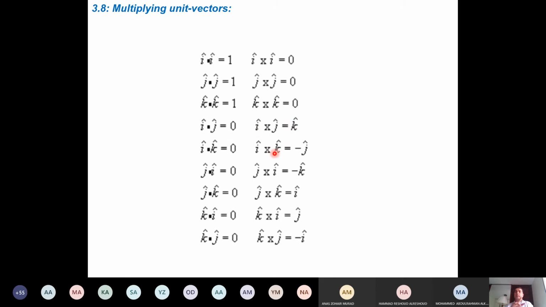But if the order is reversed, you will get a negative quantity. Like this, I cross J, you got K, which is the third vector of them.